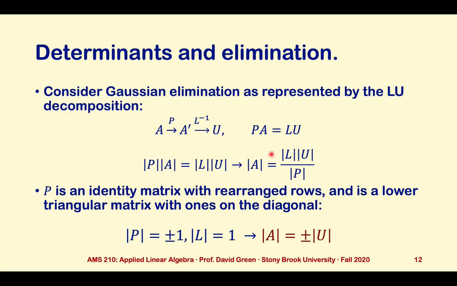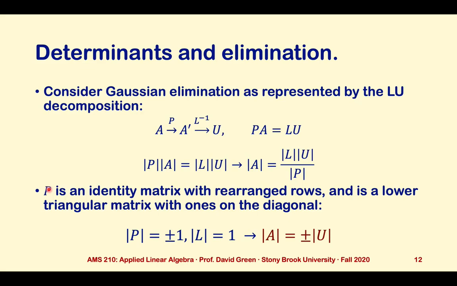At this point, it doesn't look like we've made anything easier. We've replaced one determinant with three determinants. However, each of these is easy to evaluate. First of all, we can think about P. P is a permutation matrix. It only represents rearranged rows. The difference of it from an identity matrix is simply from row rearrangement.